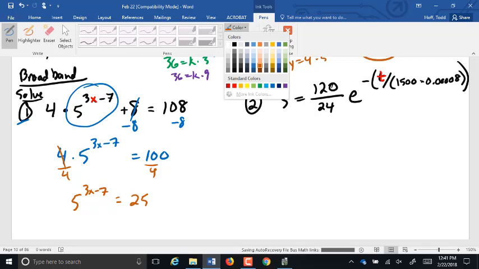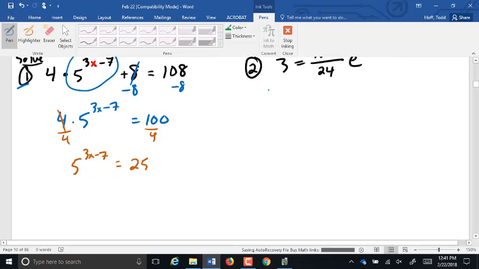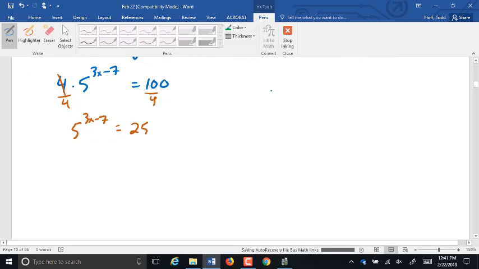And then, 5 to the power of, we reverse that by doing log base 5, right? So the log base 5 and 5 to the power of cancel out. We have 3x minus 7.